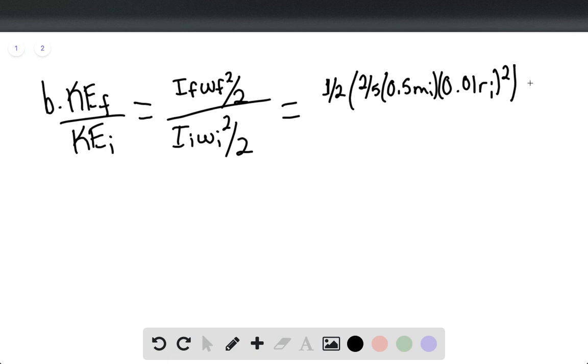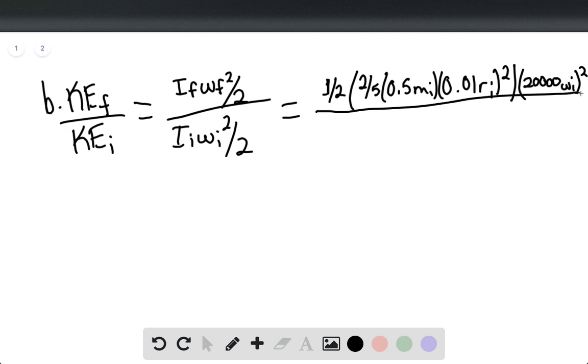and then times 20,000 omega initial squared. Let's rewrite this a little bit more compact. Omega initial squared.